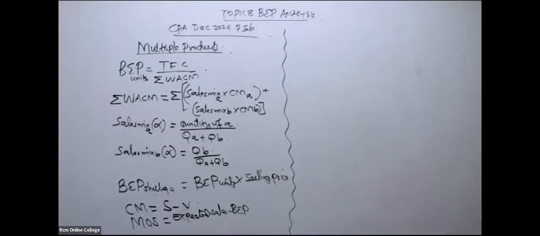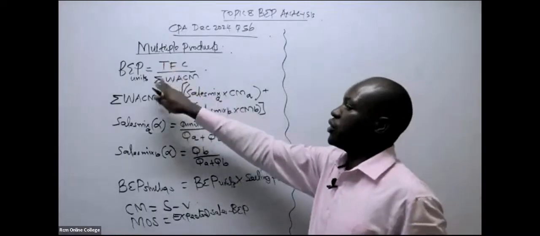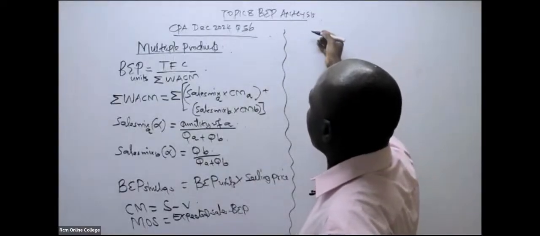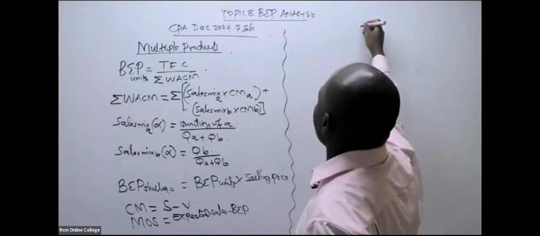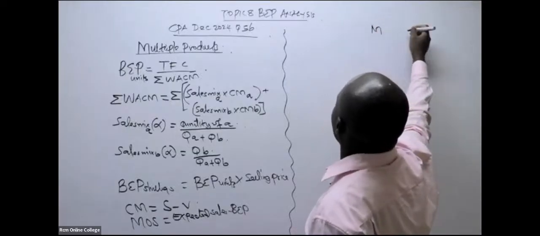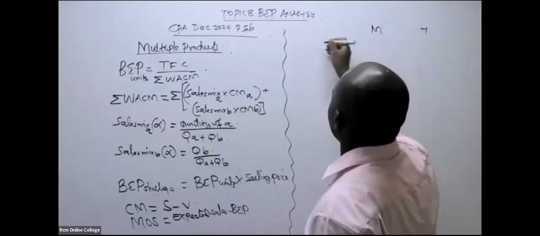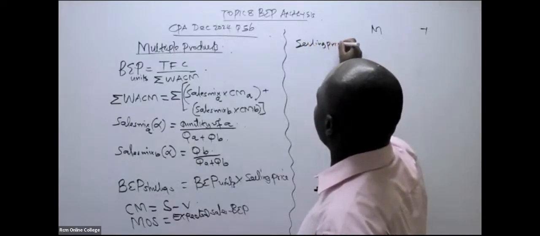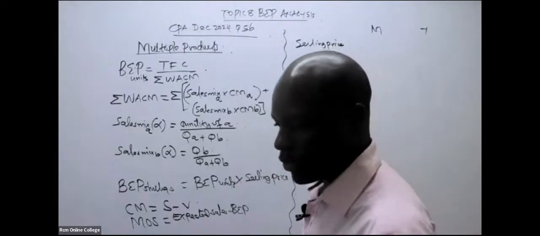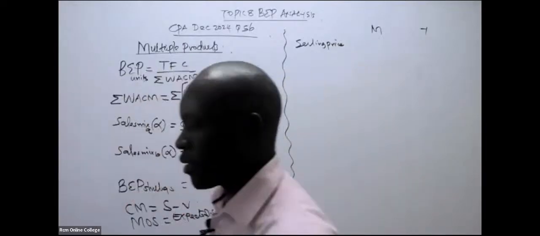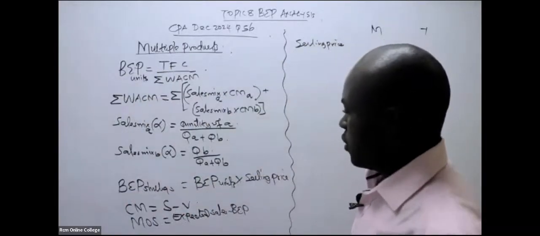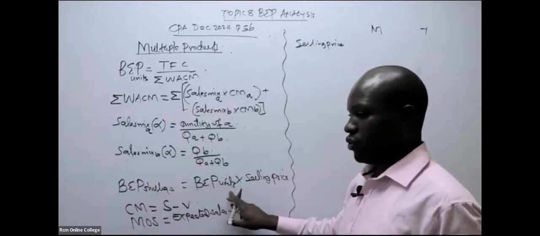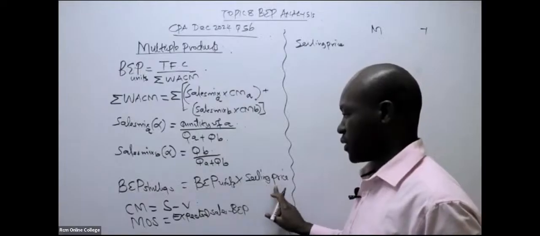So let's now collect these items. In our formula, we have total fixed cost, and we have product M, we have product Y. So let's start with the selling price. Break-even point in shillings is equal to break-even point in units multiplied by selling price.